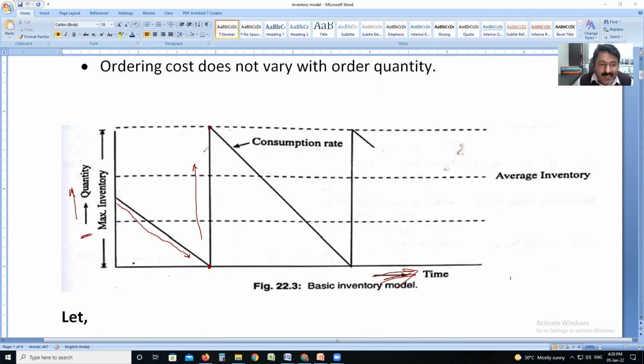Then again consumption starts, the quantity is consumed, and again it becomes 0 at one particular time. Again replenishment is instantaneous, it comes immediately, and in this way the cycle continues. So this is a very basic model of inventory.